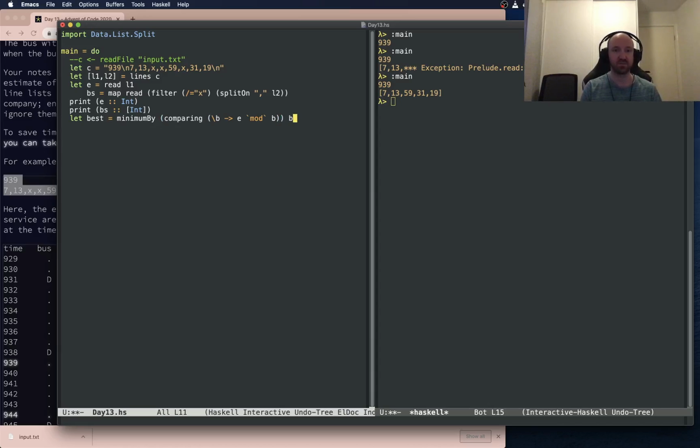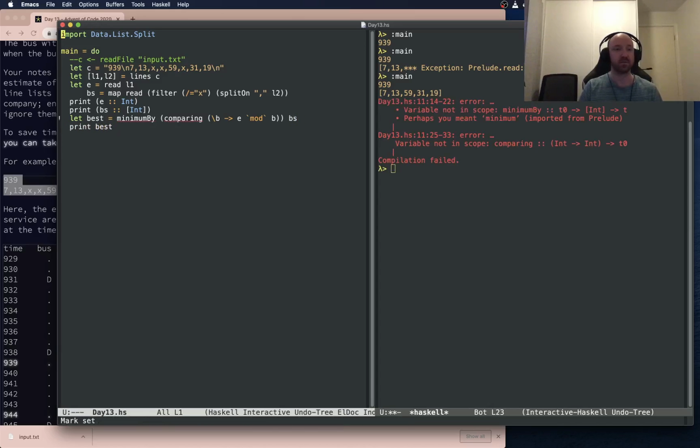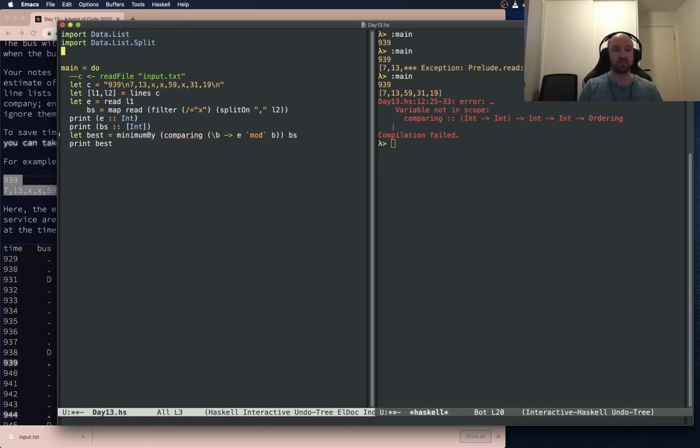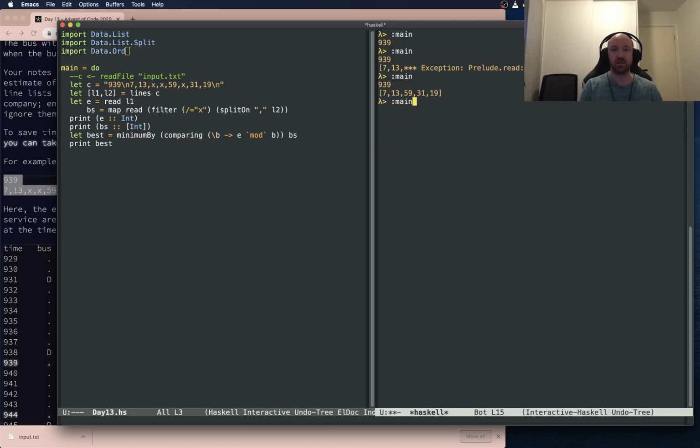I can never remember exactly how you do this. No, didn't like that. That's in Data.List. And the comparing stuff is in Data.Ord. And it tells me 7. Now, is 7 the best bus?